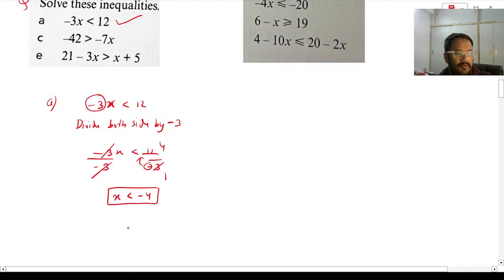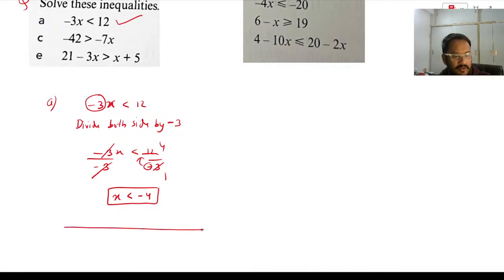So here, if we want to draw the number line, we'll make a number line like this. We'll make 0 here, 1, 2, and because we want the negative side, it is minus 1, minus 2, minus 3, minus 4, minus 5, minus 6. Now x is less than minus 4, so we'll make this type of sign and we'll send the arrow this side.